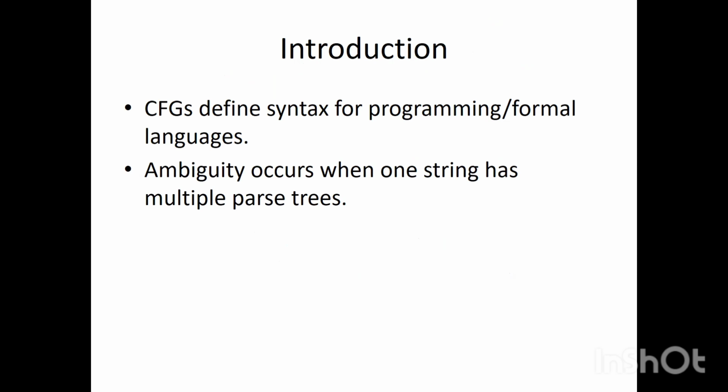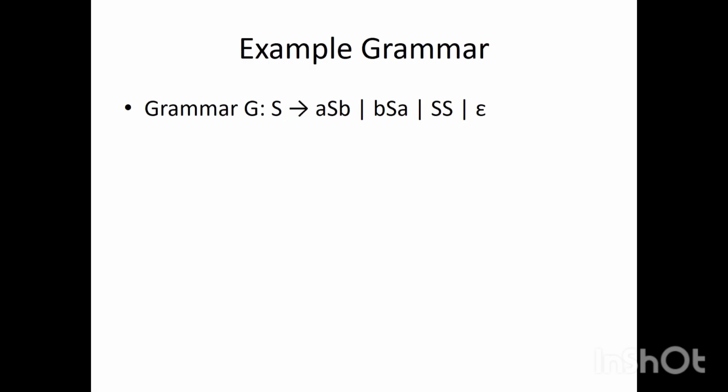We all know ambiguity occurs when one string has multiple parse trees, whether leftmost or rightmost. If there are multiple derivations for a single string from a CFG, then there will definitely be ambiguity. We will see this with an example here.